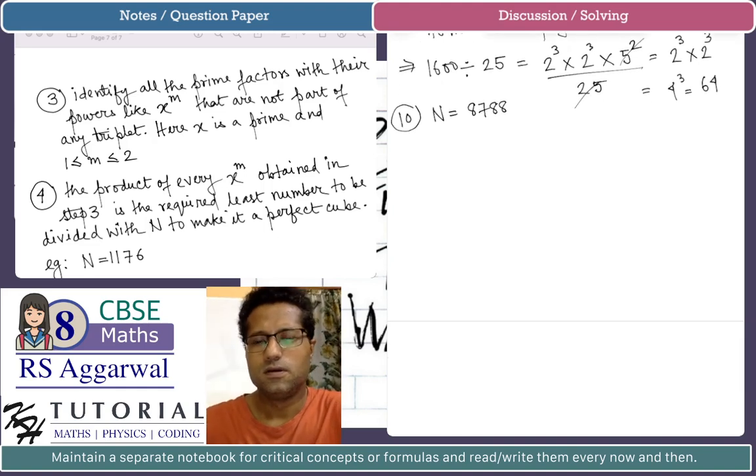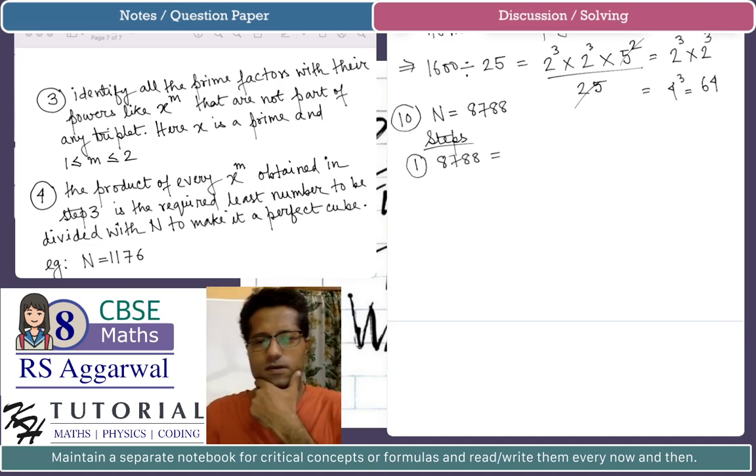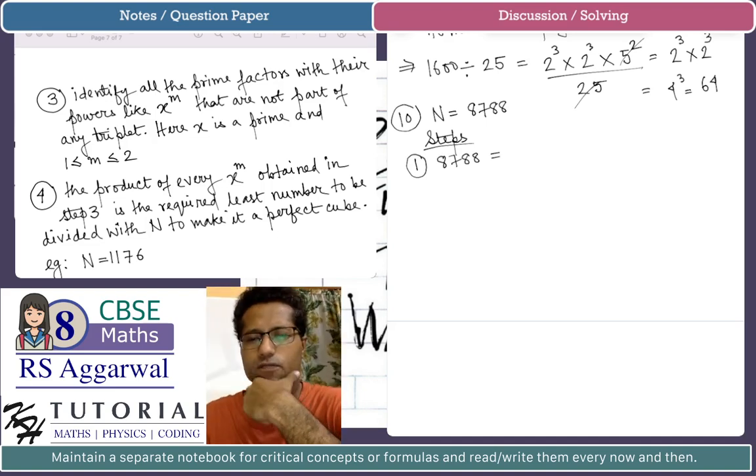So the steps are, first we have to anyway do the prime factorization of the given number 8788. Now let's do it orally. Try to figure out the prime factorization orally. Will it divide by 8?